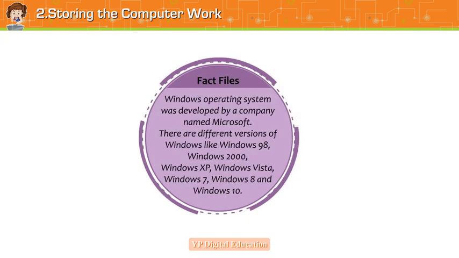Fact file. Windows operating system was developed by a company named Microsoft. There are different versions of Windows like Windows 98, Windows 2000, Windows XP, Windows Vista, Windows 7, Windows 8, and Windows 10.